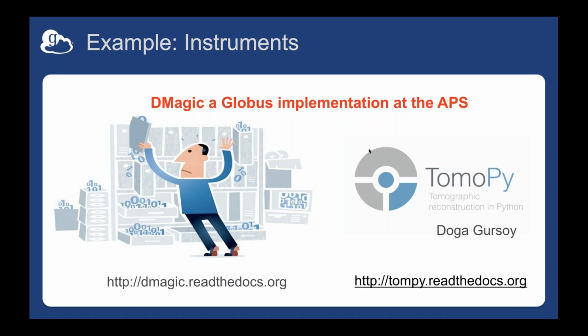Well, at least at some subset of the beam lines, they've set up an automated system that uses Globus APIs, so that before a user arrives at the beam line, they query their local scheduling system to determine the user IDs of the people who are coming. They create a shared Globus endpoint on a large storage system at Argonne using Globus APIs.